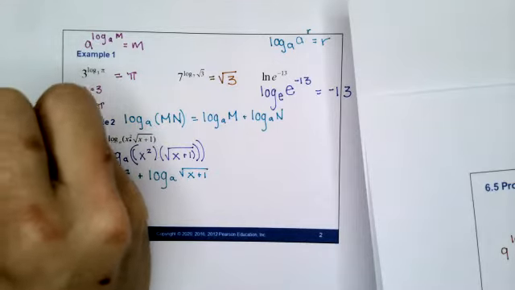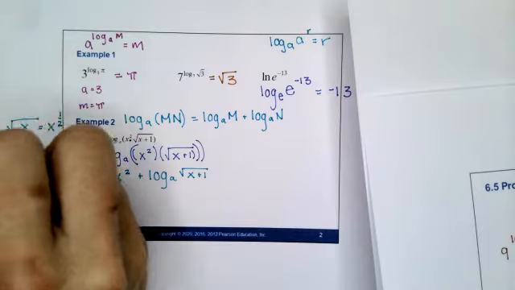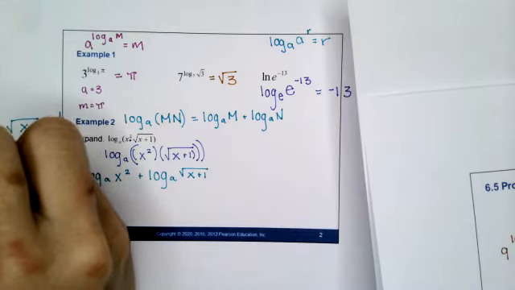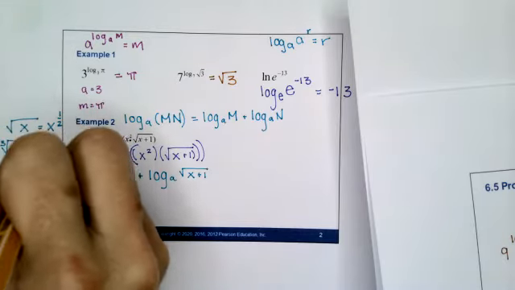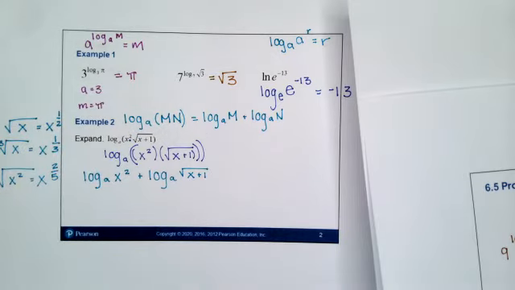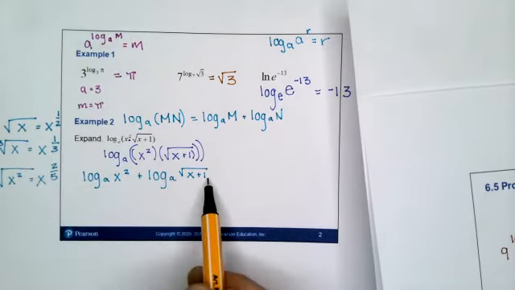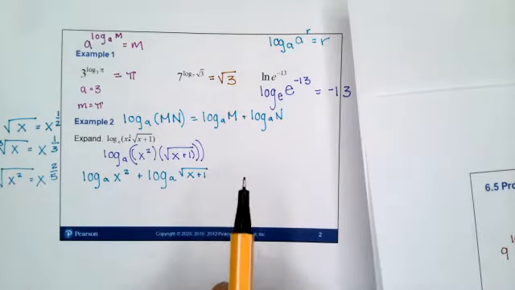The third root of x is x to the 1/3. The fifth root of x squared is x to the 2/5, right? So if we wanted to use the rule for expanding when there is an exponent, we can call the square root of x plus 1 x plus 1 raised to the 1/2 power.